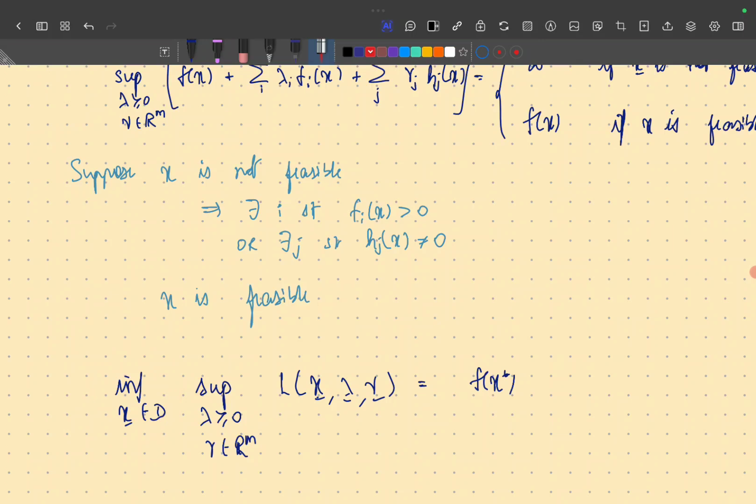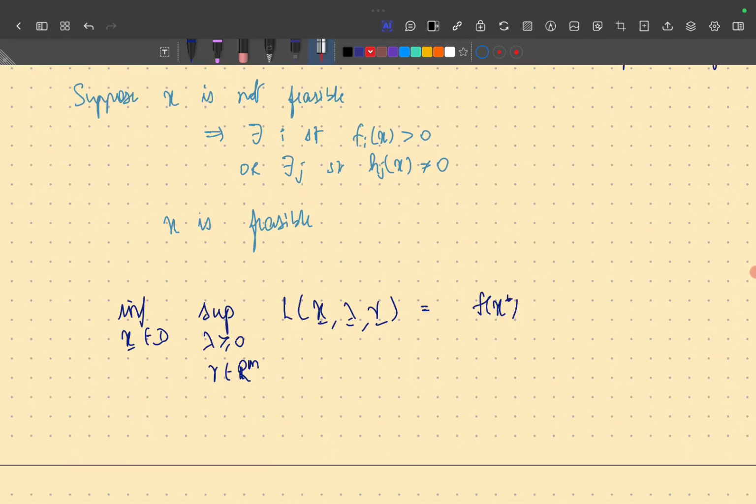It's equal to x star, right? Which is the x star that you get by solving the constrained optimization problem. Correct? So in fact, this infimum is achieved at x star.